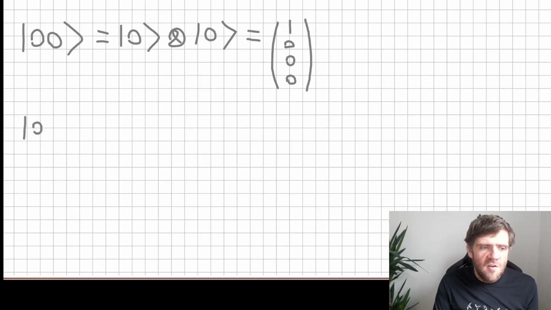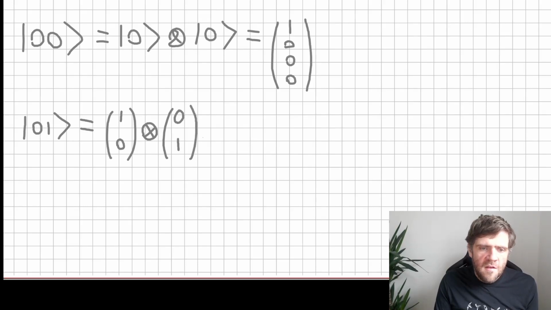For |01>, we have the tensor product of the 0 state, which is 1, 0, with the 1 state, which is 0, 1. So the first 2 elements of this 4-dimensional vector are basically going to be a copy of the second vector, 0, 1.